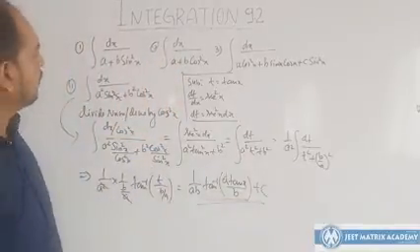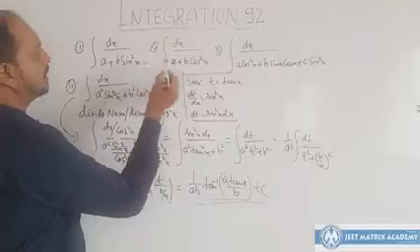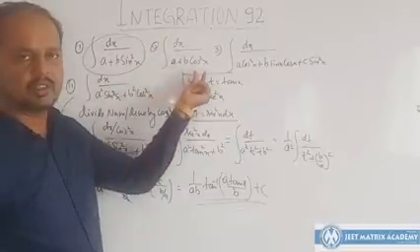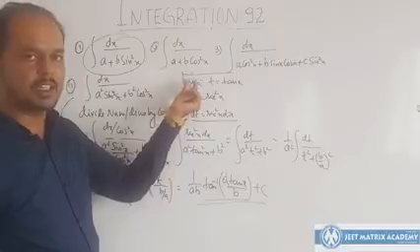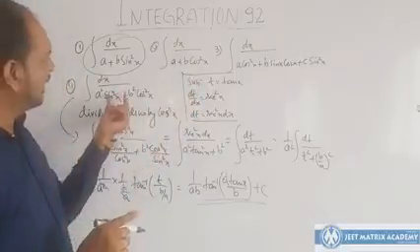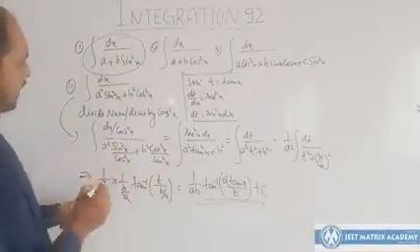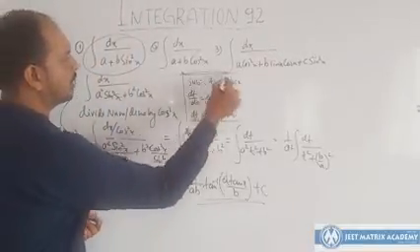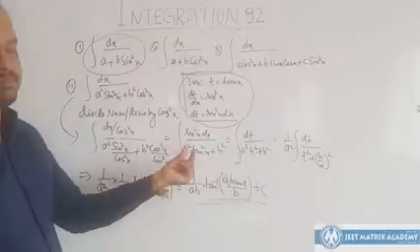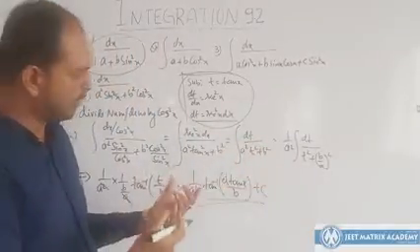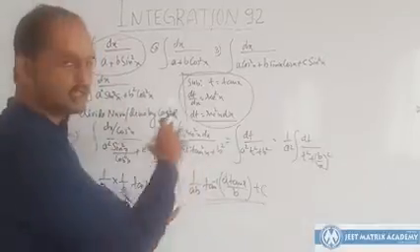The important step is, whenever a problem comes like this, you see which one is suitable, and divide numerator and denominator by either cos square x or sin square x, and then substitute the suitable things. This kind of problem we did in the previous classes, so the same thing is repeating, but we follow the sequence.